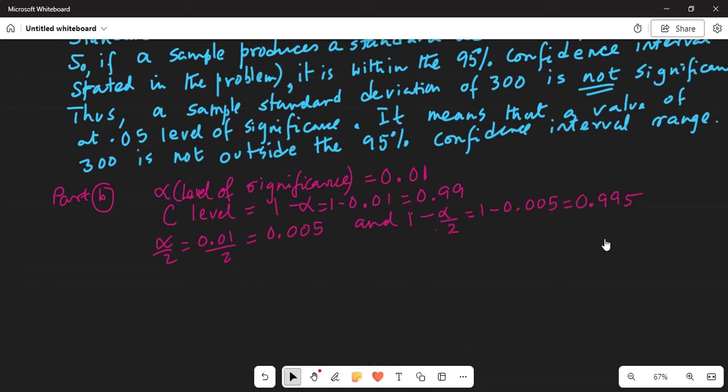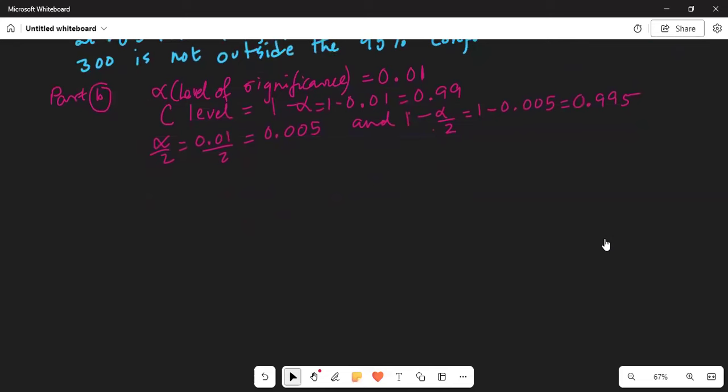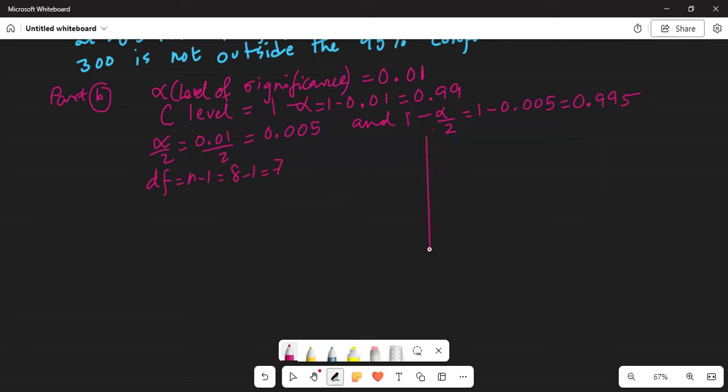So much like before, we'll find the critical values. Degrees of freedom is the same as before: n minus 1 is 8 minus 1, which is 7. If I draw the picture, the chi-square distribution always has an extended tail on the right. This area, much like before, is alpha by 2, equal to 0.005.